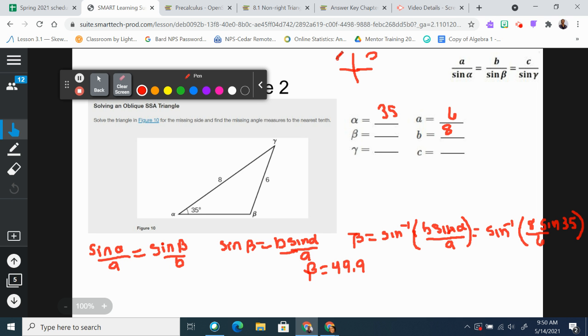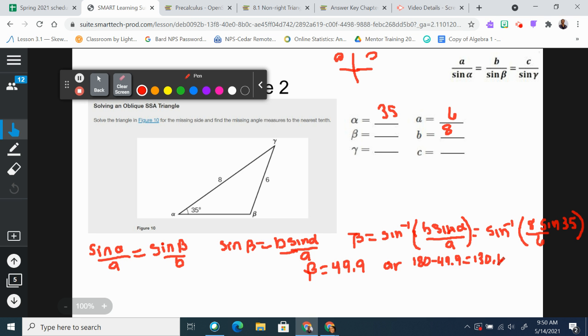But I know there's also information on this side too. And I get that other angle by subtracting the angle the calculator gives me from 180. So I know beta can be 49.9 or 180 minus 49.9, which is equal to 130.1.